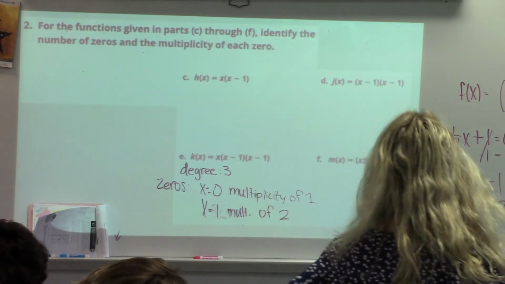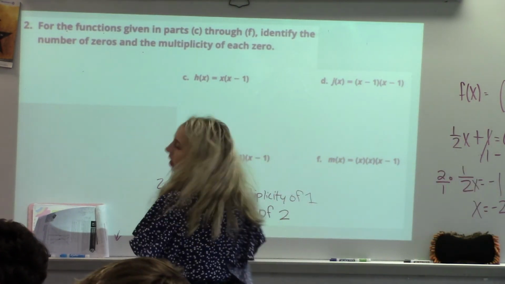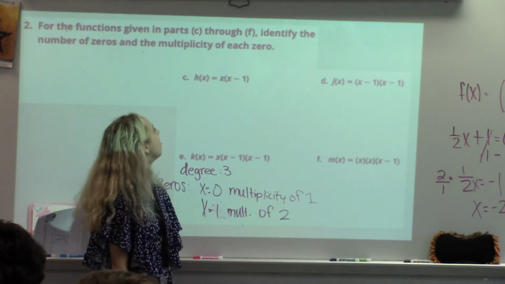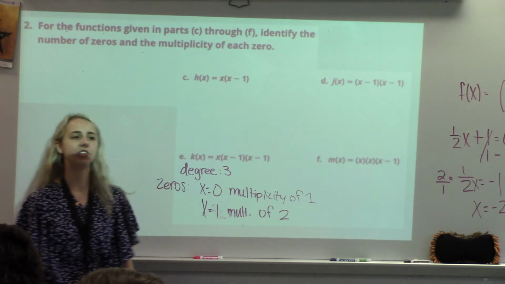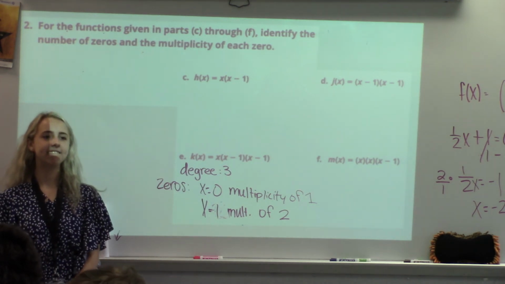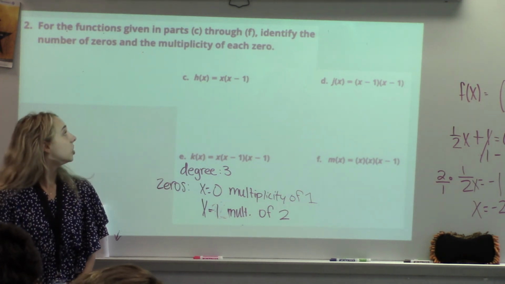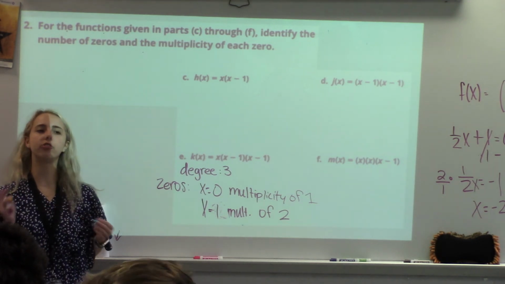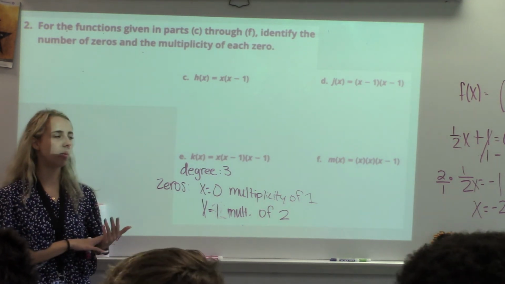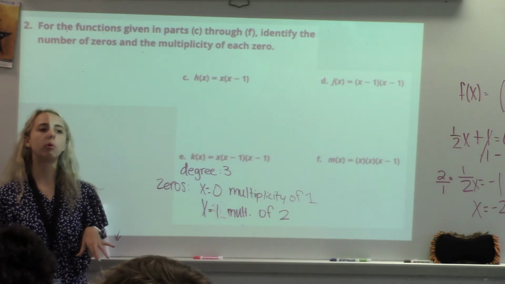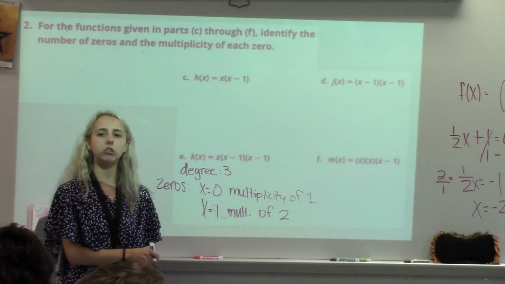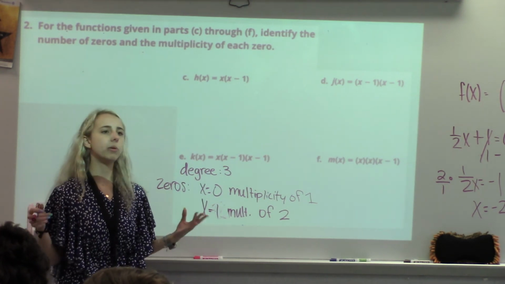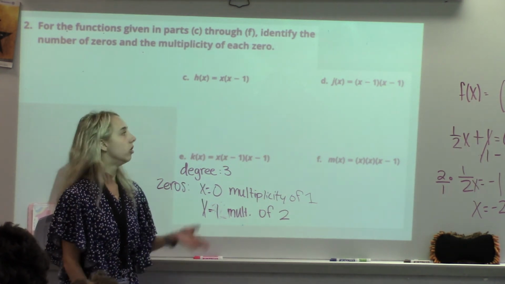Okay, guys, let's come back up here. David, C is what degree? Remember, I also talked about this in first block. When we're talking about the degree of a function, that's what's defining what my function is, telling me what it's going to look like on the graph.